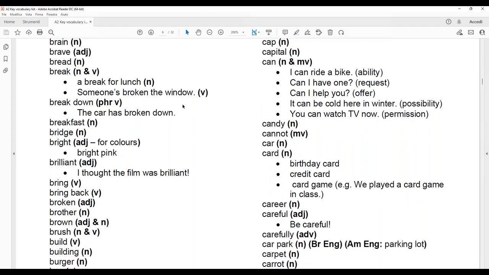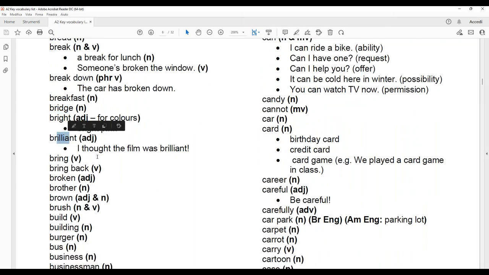Bridge, brilliant, bridge, ponte, brilliant, brillante, nel senso di intelligente, brilliant, ok? I thought the film was brilliant. Ho pensato, il passato di to think. I thought the film was brilliant. Bring, portare, bring back, riportare. Broken, broke, rotto, broken, rotto. Brother, fratello.